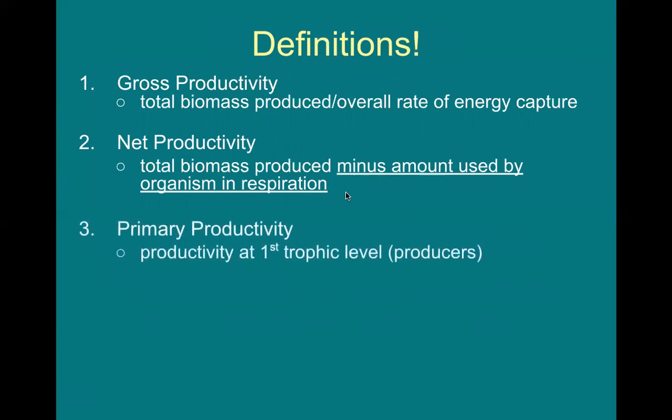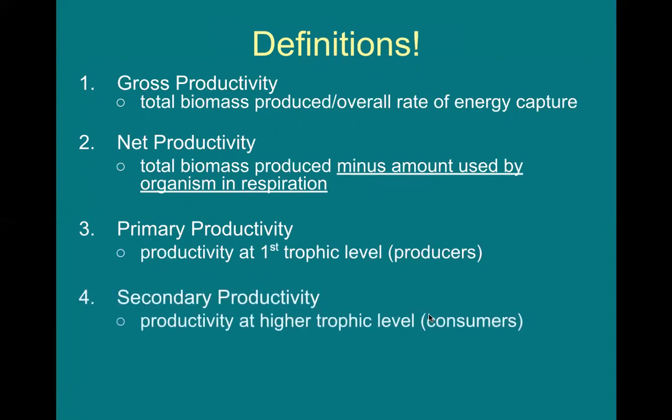And then primary productivity is just going to measure productivity at the first trophic level in producers, where secondary productivity will measure all other trophic levels and consumers. This one gets a little bit tricky because we also have primary consumers, which would be measured with secondary productivity. So just be very careful there. Secondary productivity refers to all consumers, not just secondary consumers.